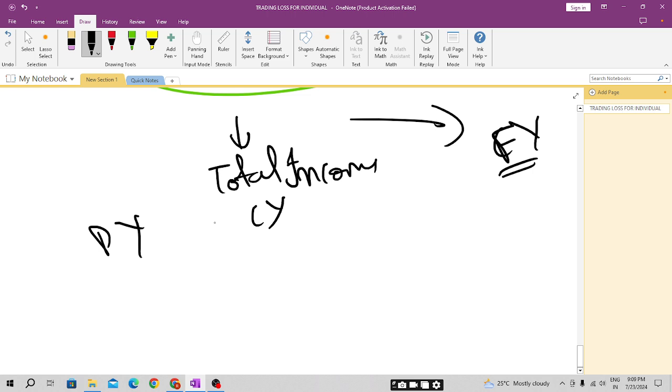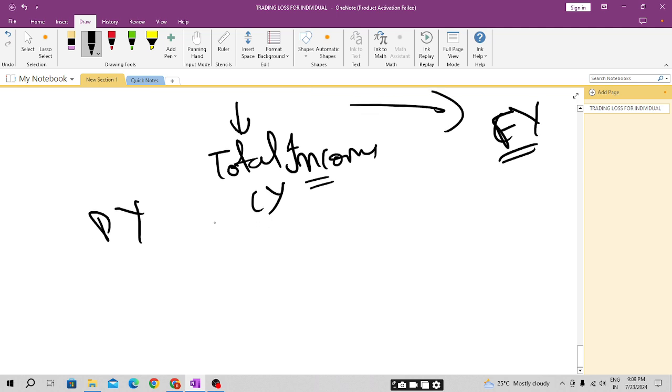So students, now coming to the total income of current year. The total income of current year will include the trading income also. If the net figure is in loss, then no issue. If it is not, we need to find the net figure. So taking an example that our net trading income is in loss.